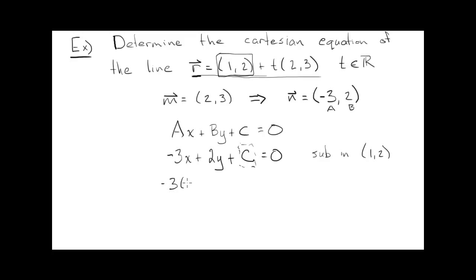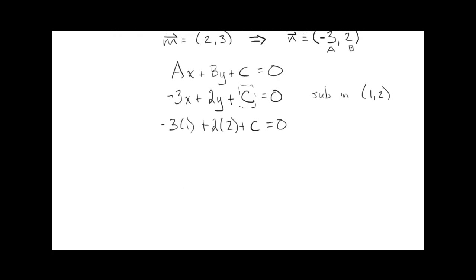So if we do that, now we have an equation where c is the only unknown, so we can solve for c. 1 plus c equals 0, so c is equal to negative 1.